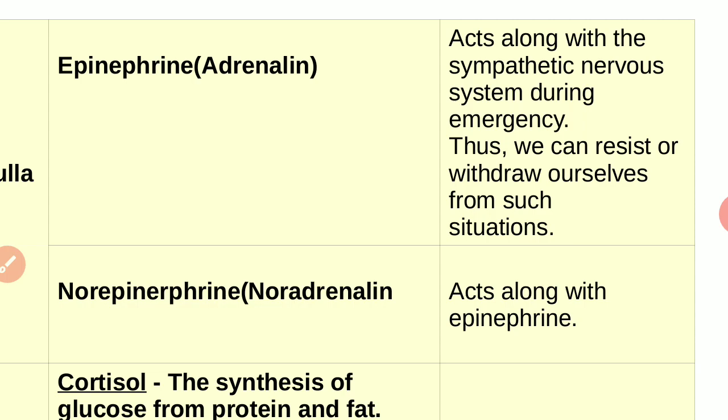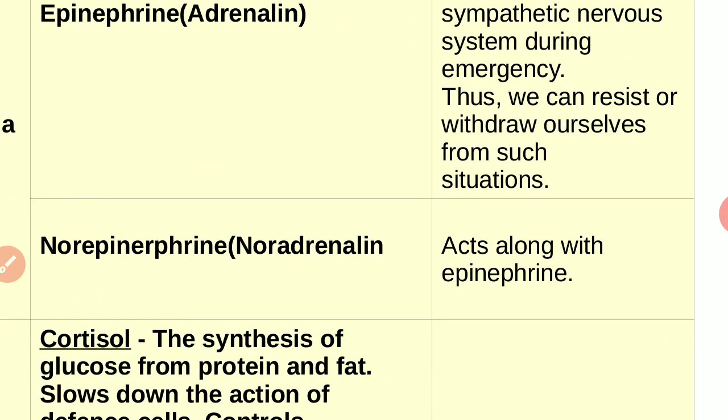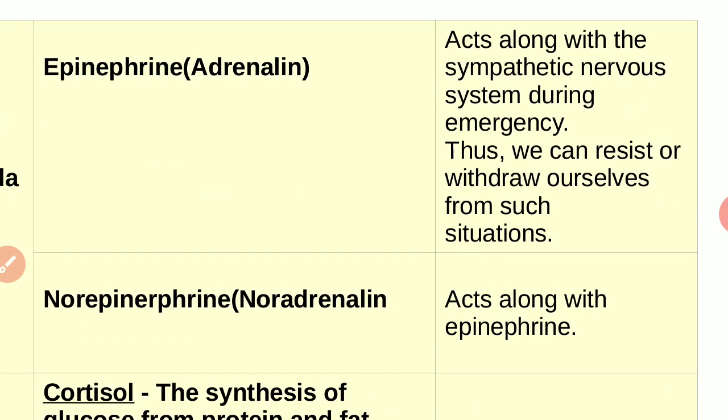Whenever our body requires more energy, when we do hazardous or laborious works, the sympathetic system helps to maintain the body. Along with the sympathetic nervous system, epinephrine or adrenaline also works.